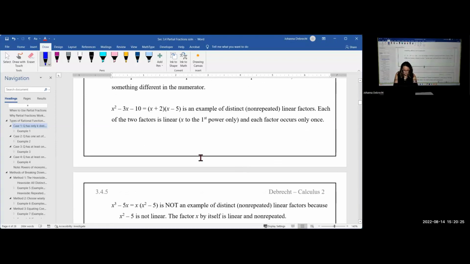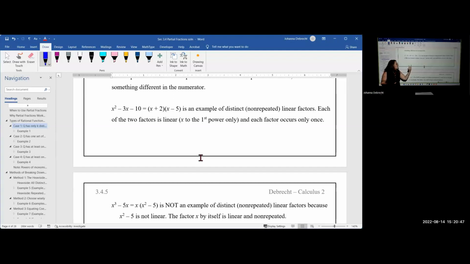Now let's take a look at some examples of some polynomial expressions. I've got x squared minus 3x minus 10. Assume this is a denominator. It does factor: x plus 2, x minus 5. They're different. That means distinct. And they don't repeat. And they're linear.